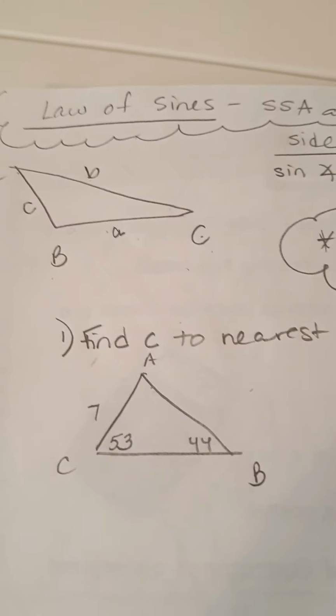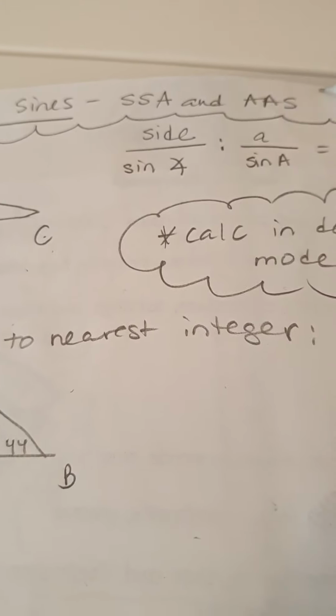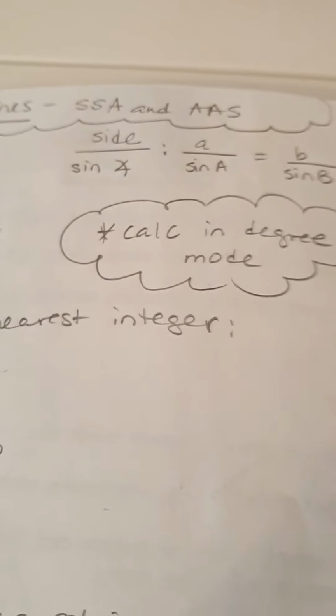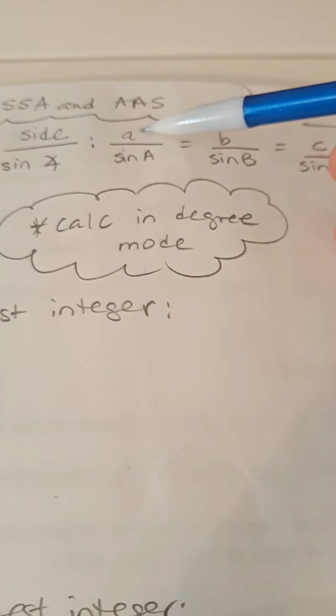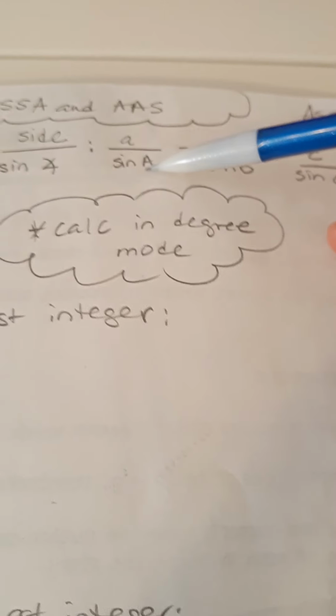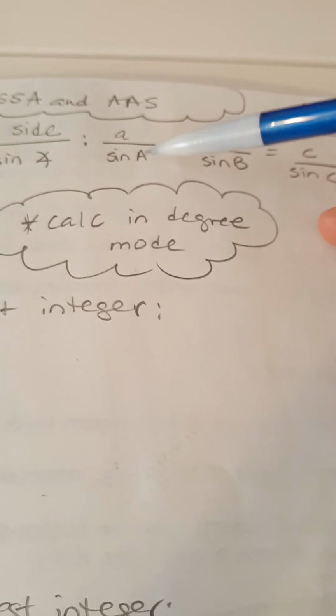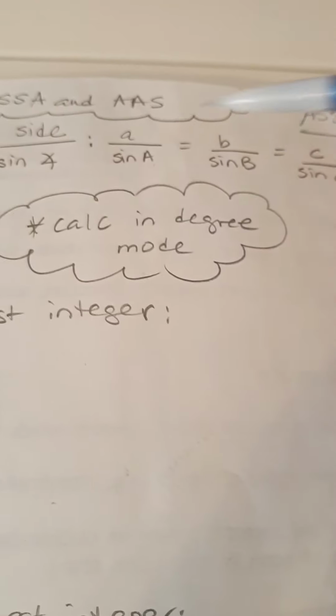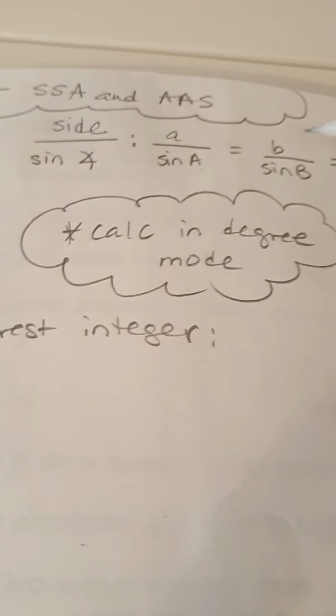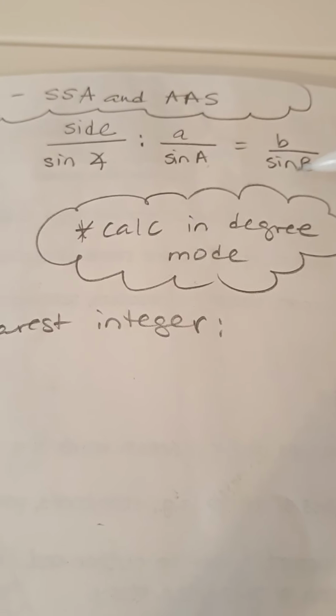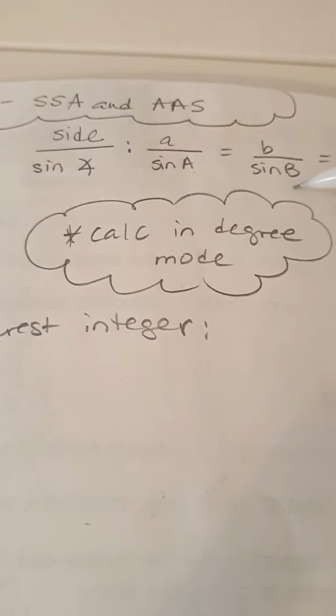So if you have the pattern side-side angle or angle-angle-side, you can make a ratio. The side divided by the sine of the angle across from it is equal to the other side divided by the sine of the angle across from it.